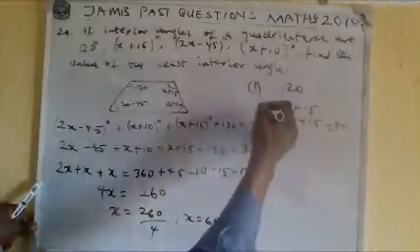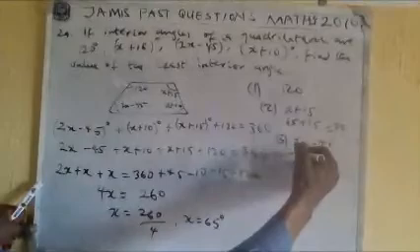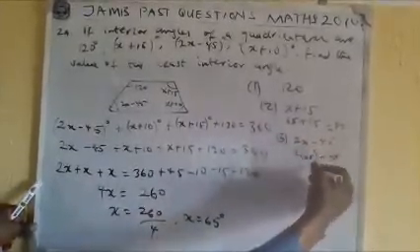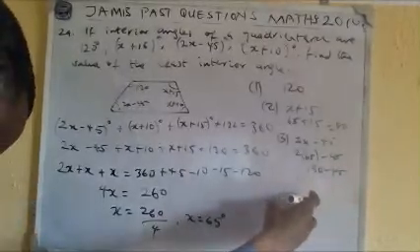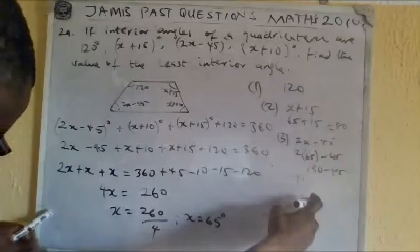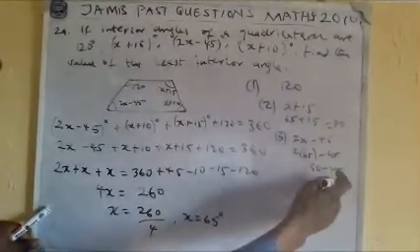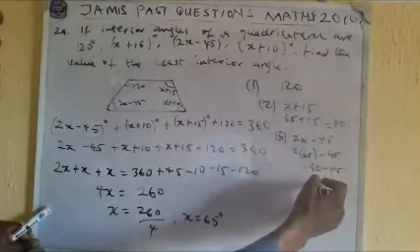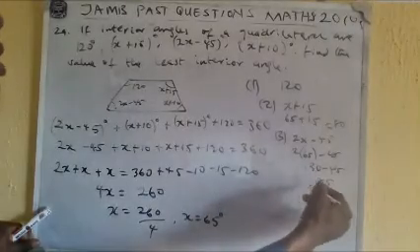Third angle, 2x minus 45. So 2 into 65 minus 45. This is 130 minus 45. That's 85.